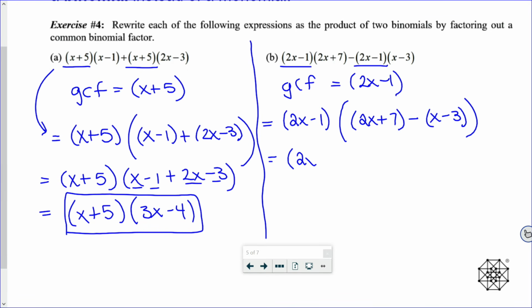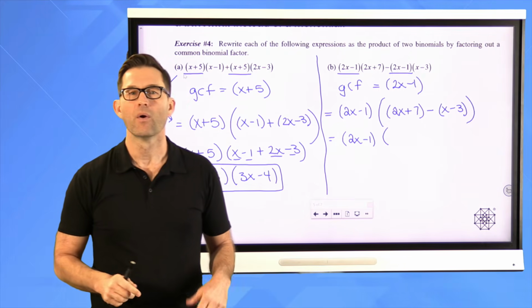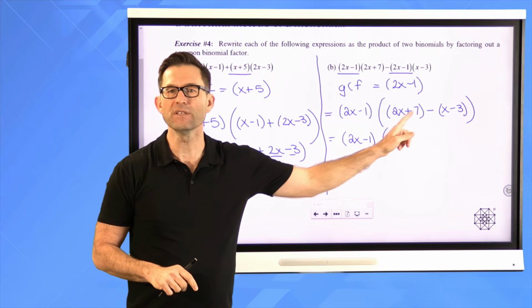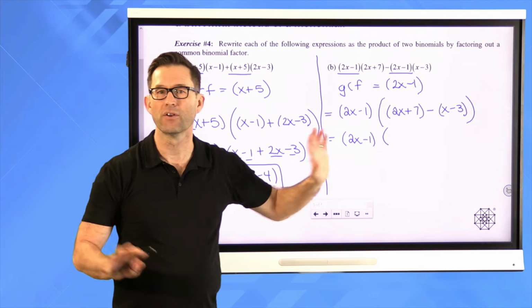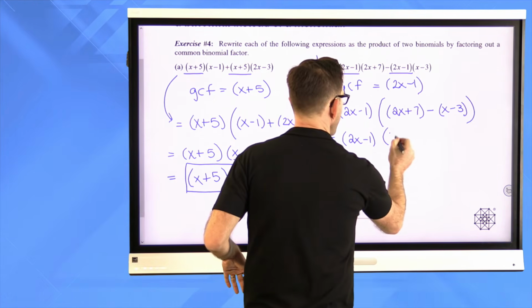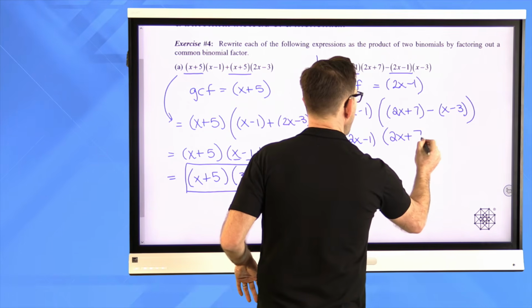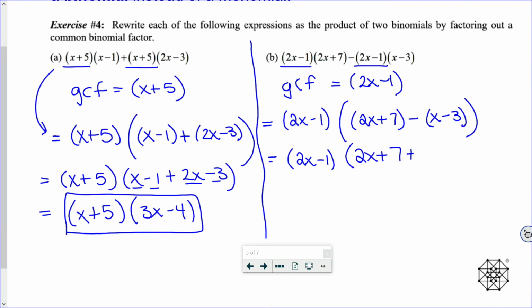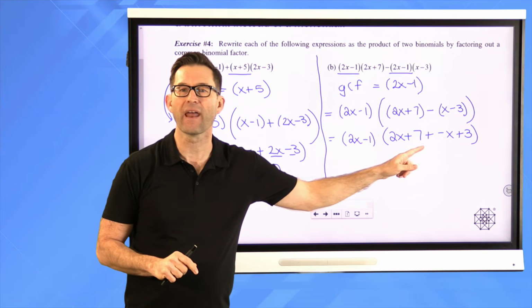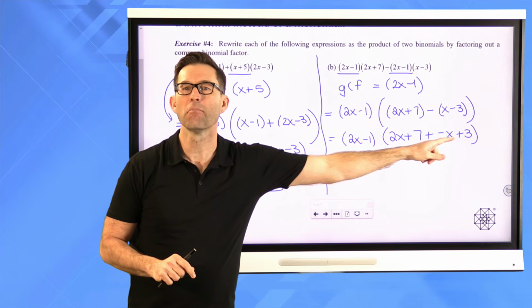Now let's talk about why that subtraction is so dangerous, so to speak. The subtraction is dangerous because these parentheses are really not doing anything, so I can just get rid of them. But I really have to change this into adding the opposite. So instead of subtracting an x minus 3, I'm going to add a negative x plus 3.